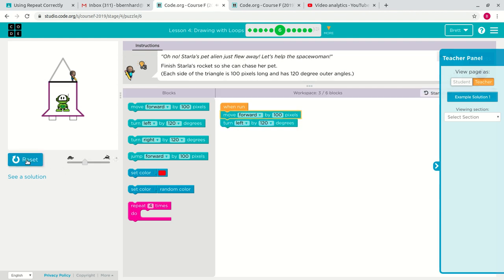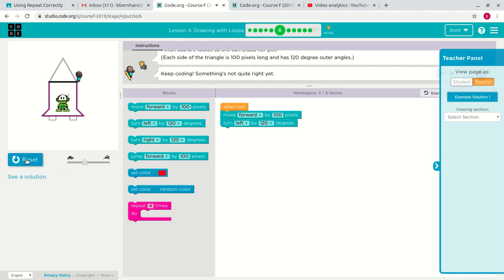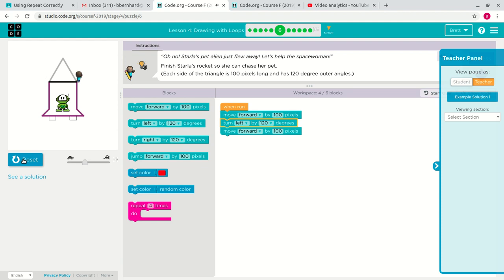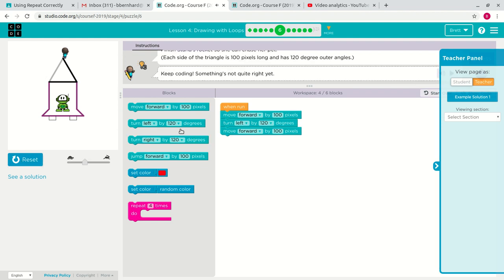Let's try it again. Yep, that looks good. And then we would move forward again. And then we're going to do another turn left. Oh, wait a minute. Look at this. I'm seeing a pattern here. Move forward, turn left. Move forward, turn left. That's the same thing.